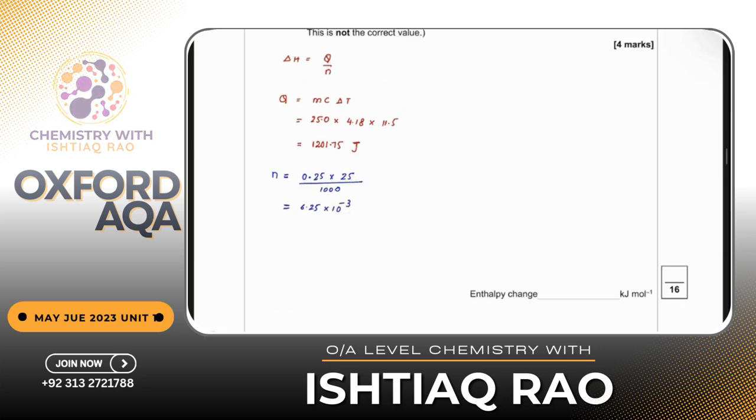Now I can use that formula Q upon n. Q is this, and I have to convert it to kilojoules by dividing by 1000, so the answer would be around 1.2 kilojoules. Then 1.2 divided by the moles, 6.25 times 10 to the minus 3. So I would be getting delta H as negative. It's exothermic.